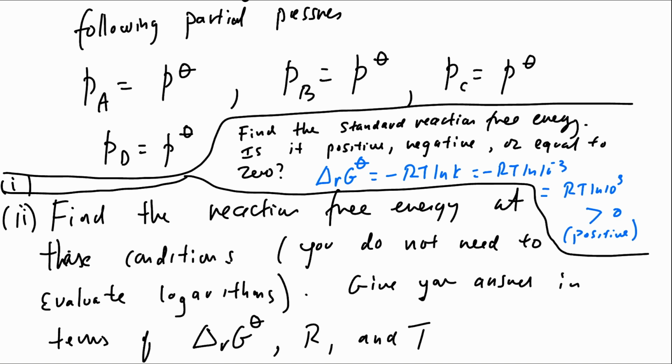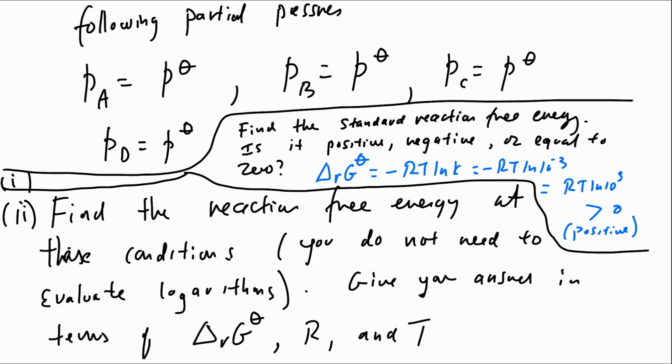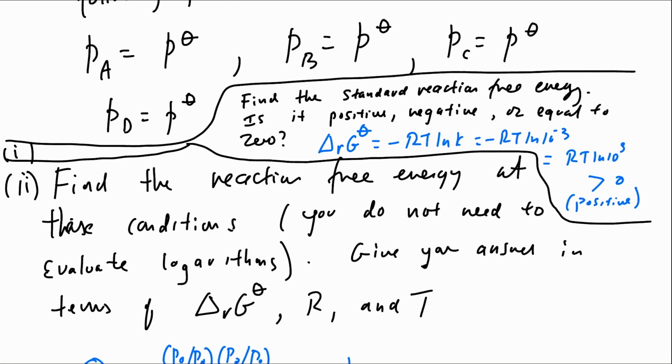Now, is that positive, negative, or equal to 0? R is positive, T is positive. The logarithm of 1,000, get your calculators out. It's positive, right? It's pretty big. Logarithms are a lot smaller than the things you're taking the logarithm of, but it is positive.